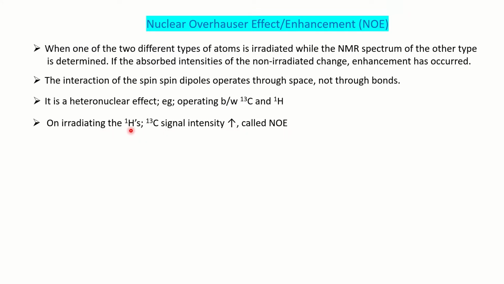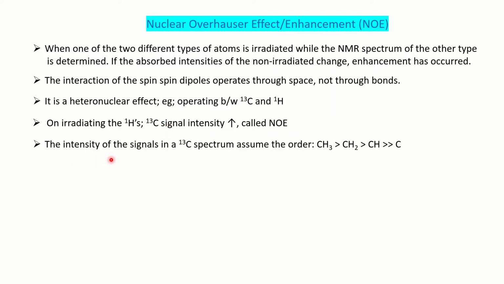So we are irradiating one set of nuclei, and the intensity of the other set of nuclei is enhanced. Then it is called NOE. The intensity is high when you have more protons attached to that carbon, and it decreases as the number of protons decreases.